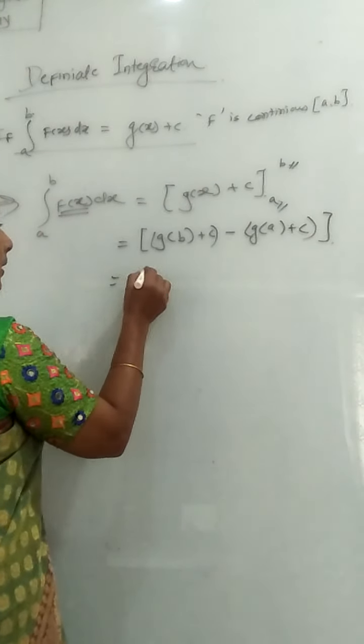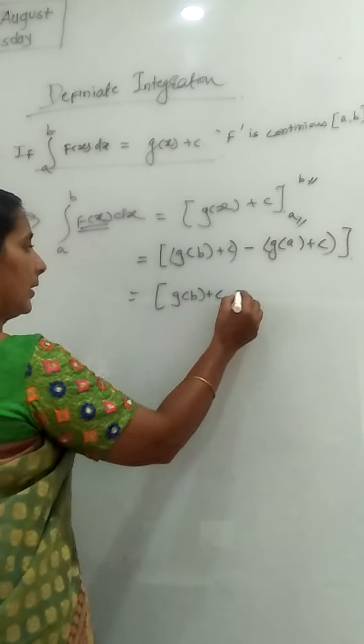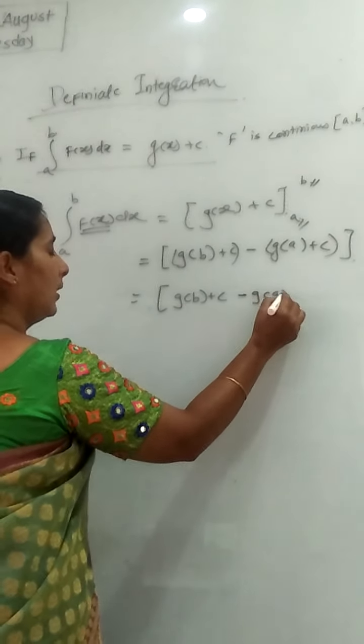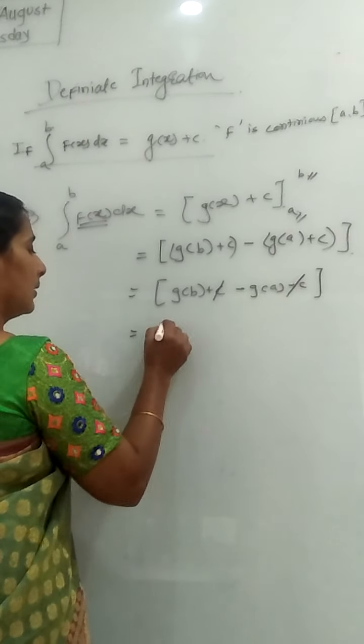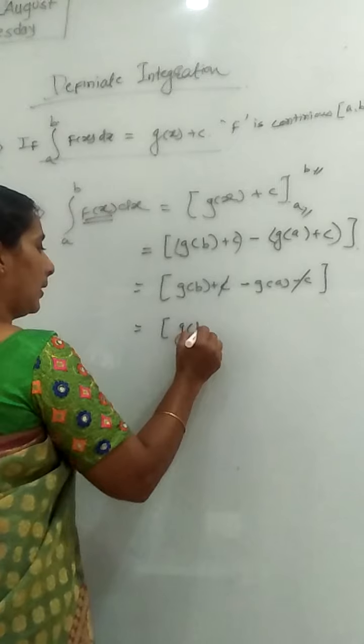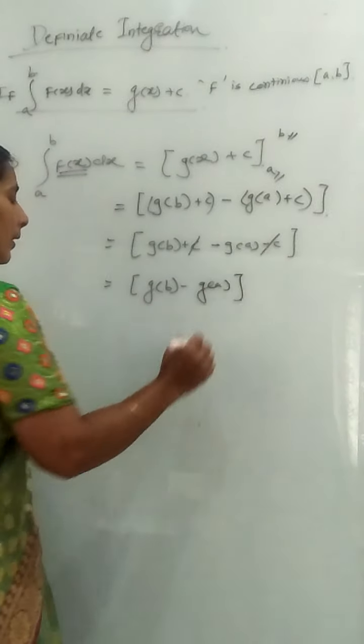then our term becomes g of b plus c minus, applying the minus on the second term, g of a minus c. Minus c plus c get cancelled and our term is g of b minus g of a.